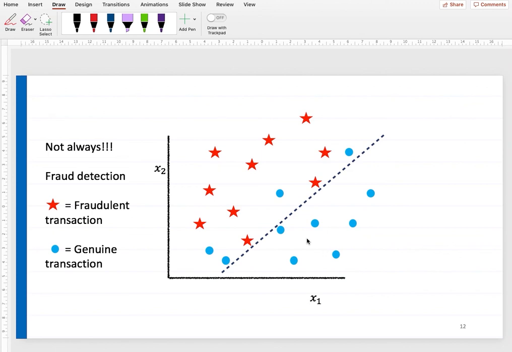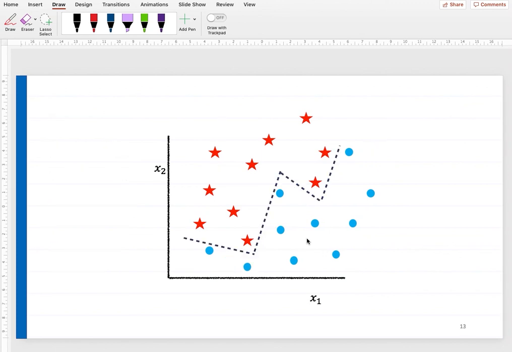So in this case, you do not want a fraud person to get access to your account. Then a better approach is always a nonlinear approach, because with a nonlinear approach you can better separate these two classes. That's why neural networks are popular, because they are nonlinear in nature.